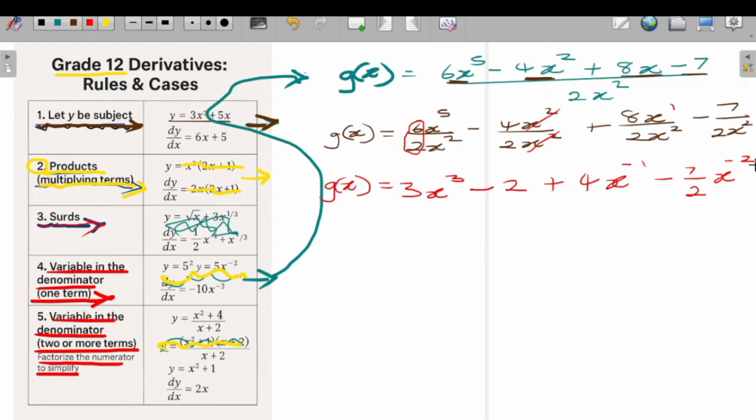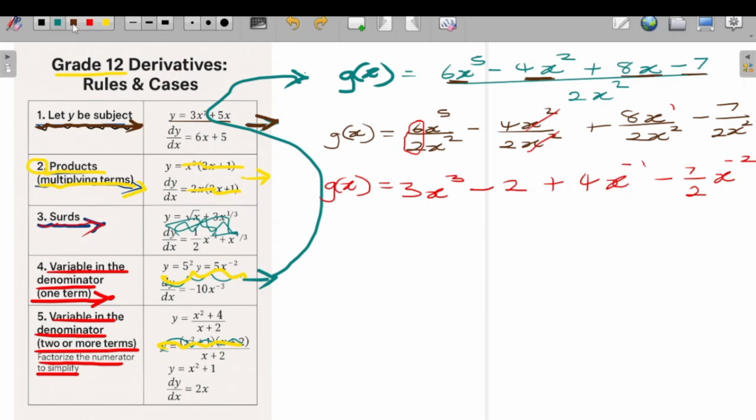So how this happened was, here's an example. When you have 1 over a, 1 over a is equal to a to the power of minus 1. You should know this. So that's what happened over there. You had to separate it. Let me show you how.